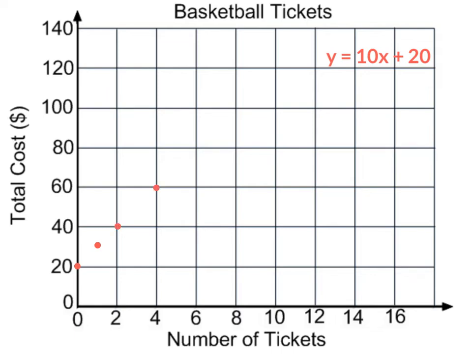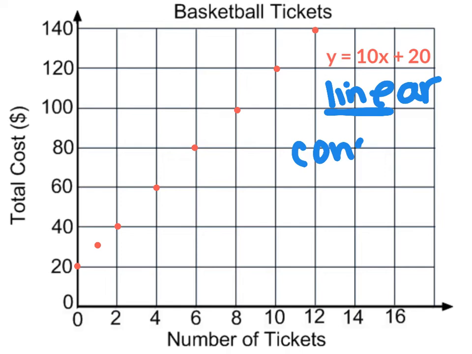And as we keep making those points, notice that all of those points create a line, because this particular equation is something called linear. And it's linear, notice the word line in there, because all the points are in a line because there's a constant rate of change.